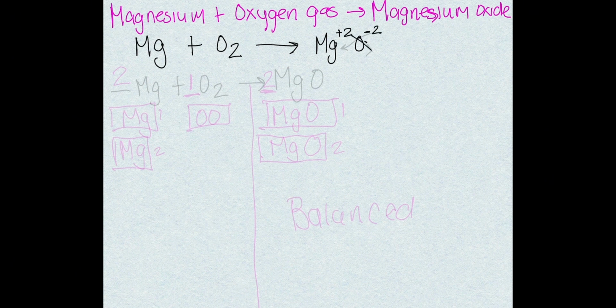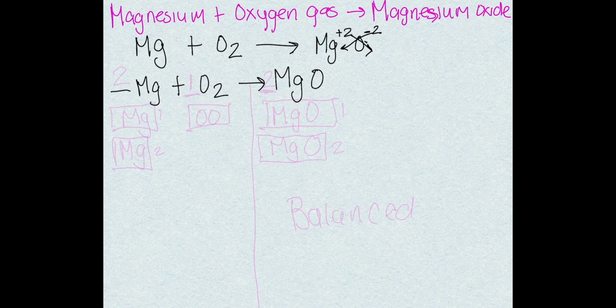And I know that I have to do the process that's called swap and drop, because when I have a metal and a non-metal, which is an ionic bond, I have to swap and drop. So then I am going to have Mg plus O2 yields MgO, because I know that when I have 2 of the same oxidation numbers, they cancel out to simplify to be 1. So my subscripts are going to be MgO.